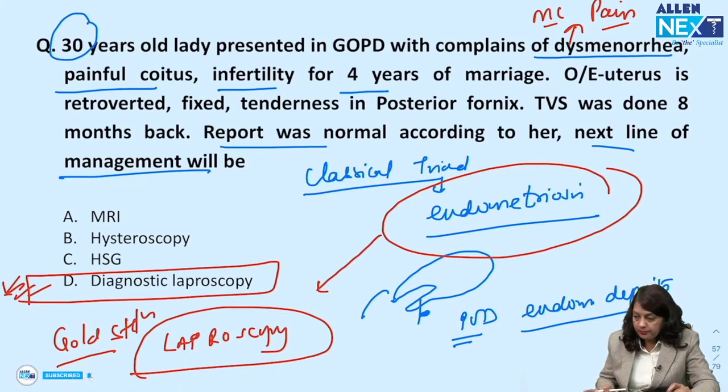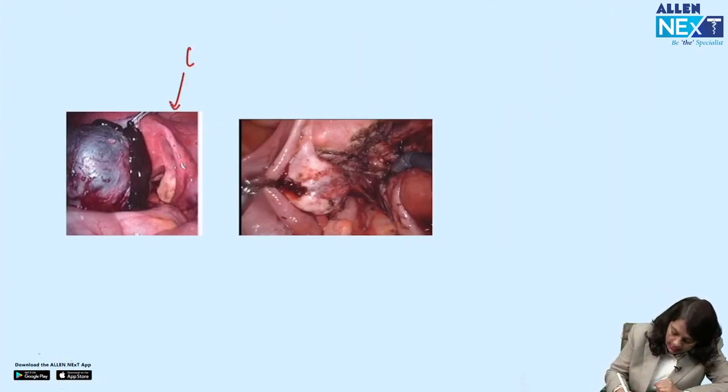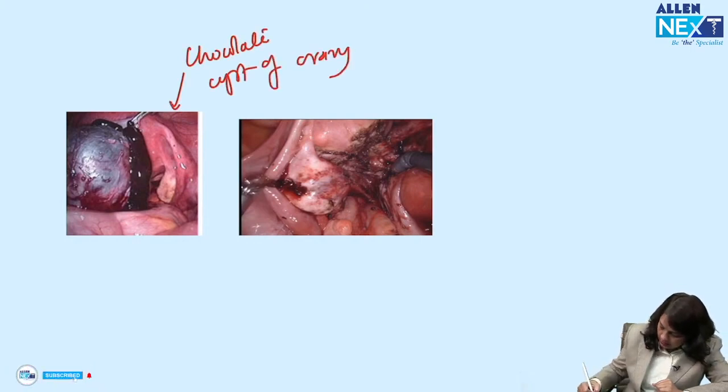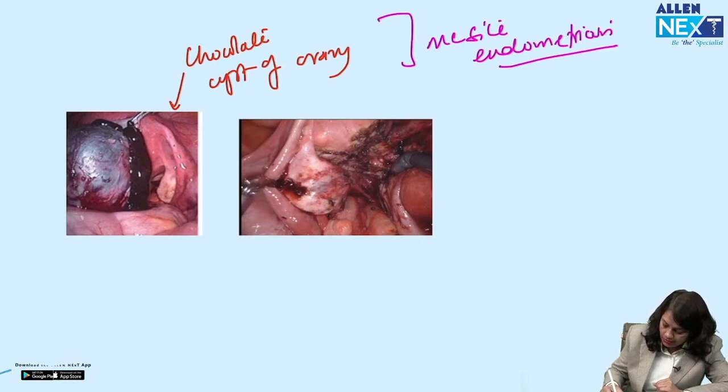Fine. So what is this? This is a chocolate cyst of ovary. This is the most common site for endometriosis.